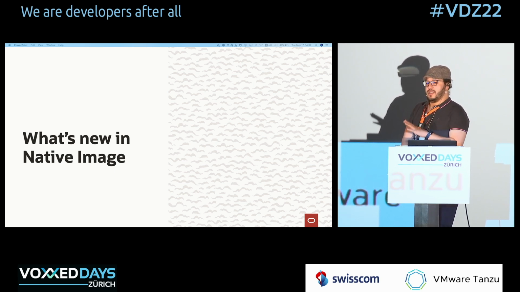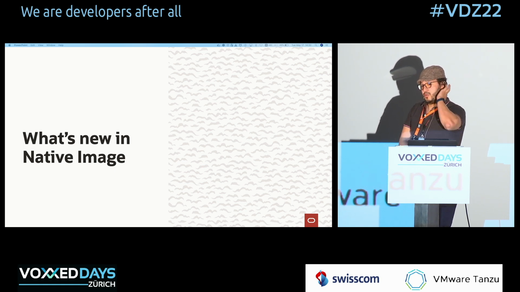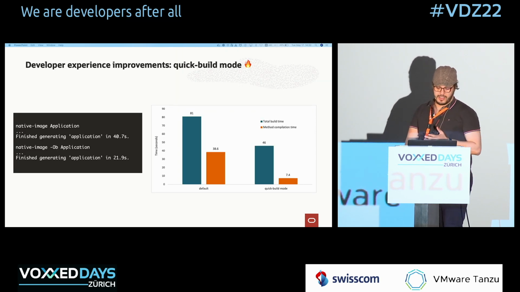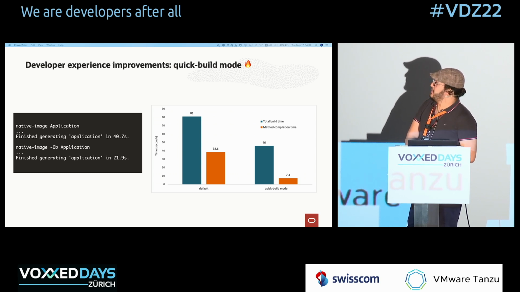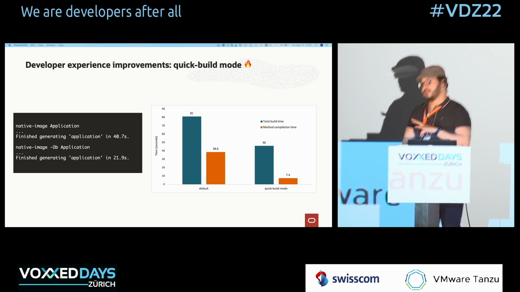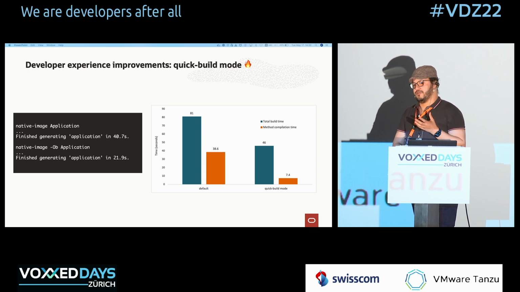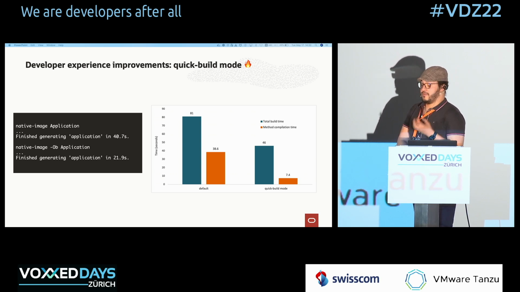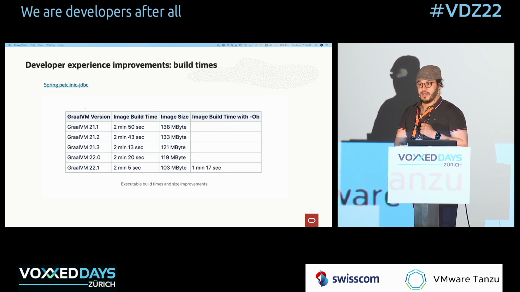So every time we release a new GraalVM version, we get some new stuff for native image and other components. For this last release, some quick improvements happened. One of the issues people had with native image is the build time. It takes a lot of time to compile a native image from a jar or your JVM application. So we introduced a new mode.